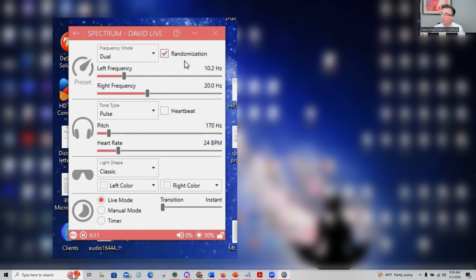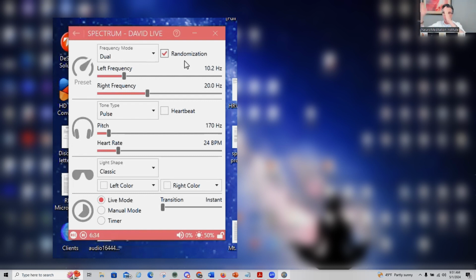The first is that when it says left frequency, what they mean is that that's the left visual field, right? So the visual field is split for both eyes. The left side of both eyes sends information to the right hemisphere.